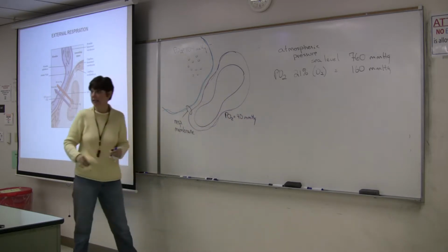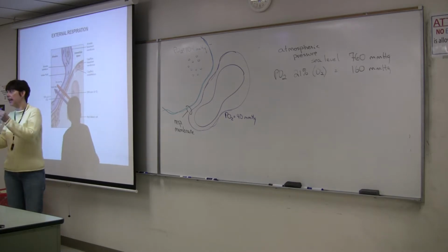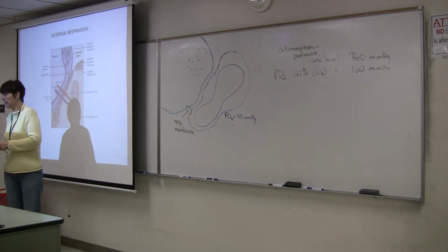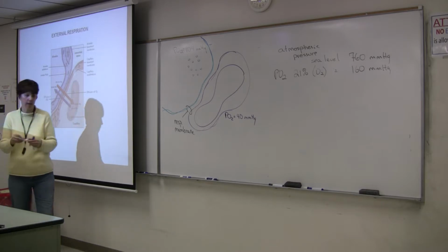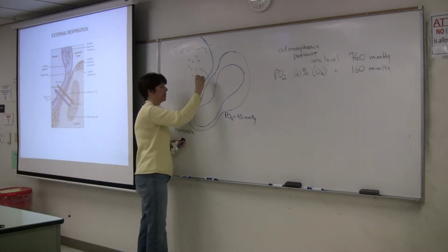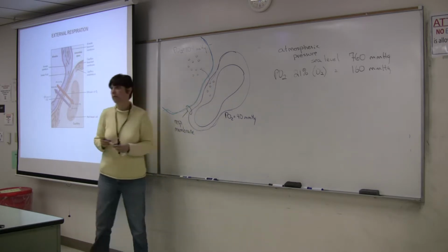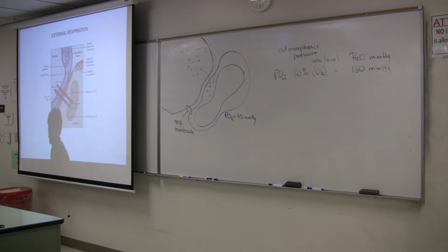That's the gradient that is driving the gas out of the alveolar air sac and into the plasma of the blood. So it'll cross the respiratory membrane and start to dissolve amongst the water molecules of the blood.